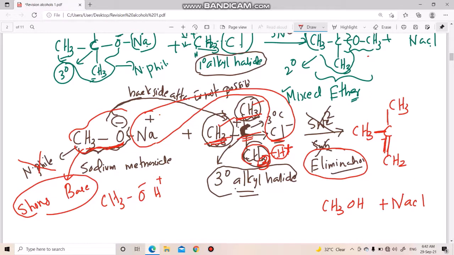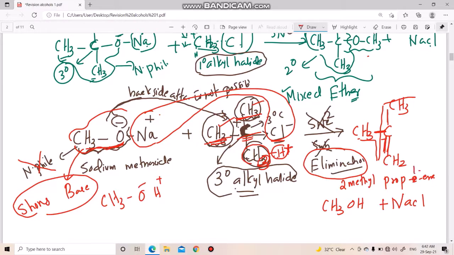So what is the name of the product? This is the longest chain. Prop. Okay, take this as the longest chain. Prop, 2-ene? Second position, 2-methyl. Okay, not 2-ene, the double bond starts from here.